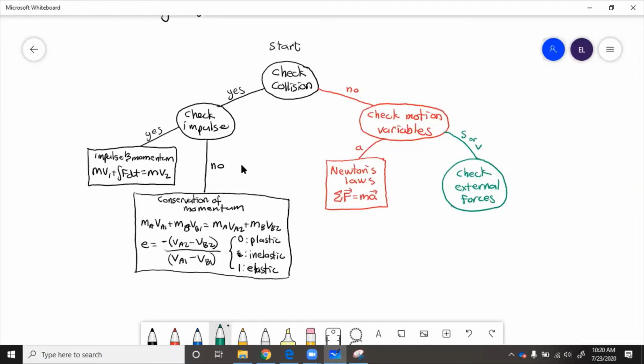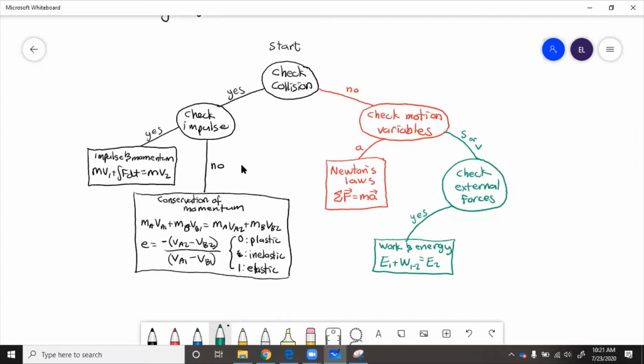If there are external forces, then we're going to use work and energy. So energy at 1 plus work from 1 to 2 equals energy at 2. Remember, energy is a scalar, so it just depends on whether it's positive or negative.